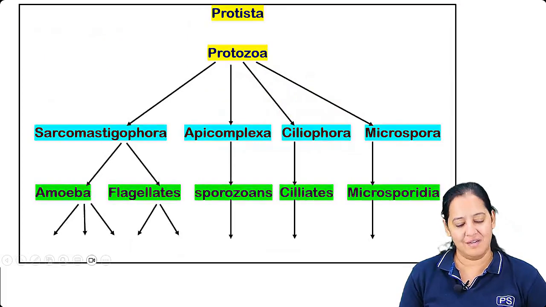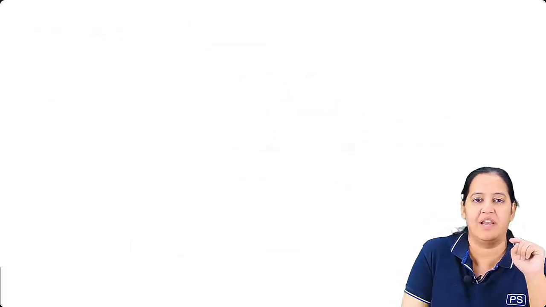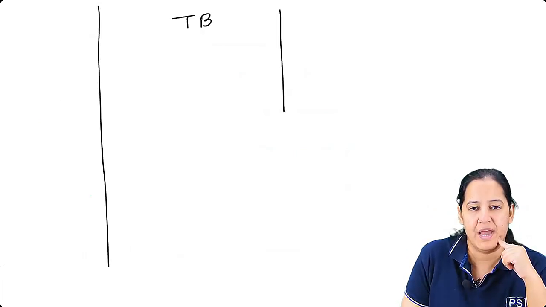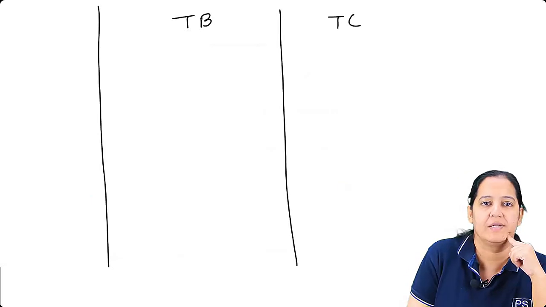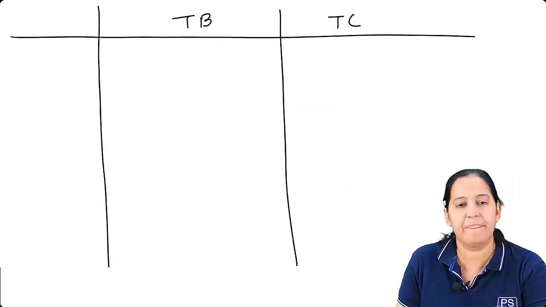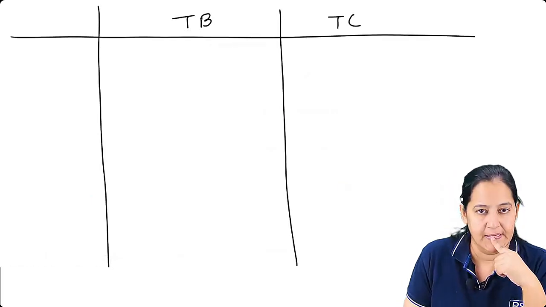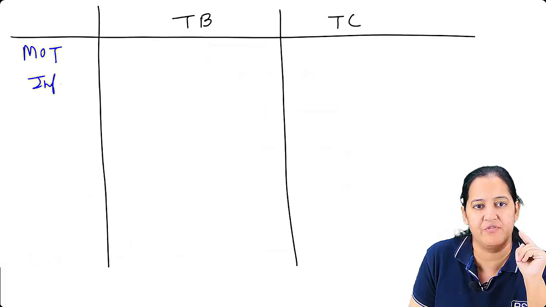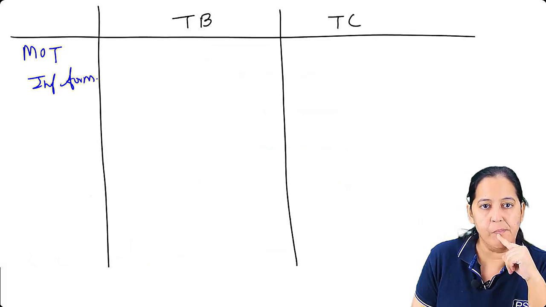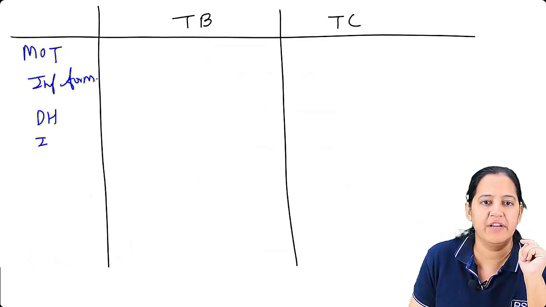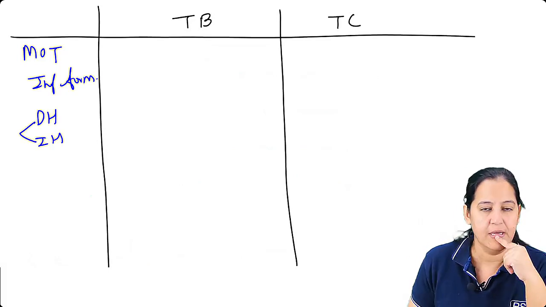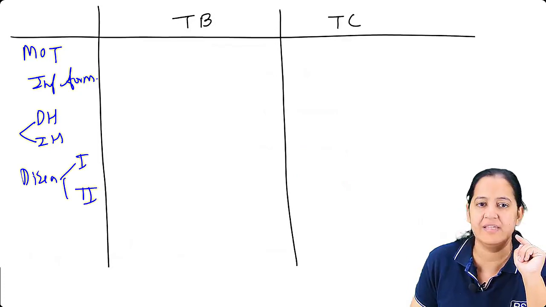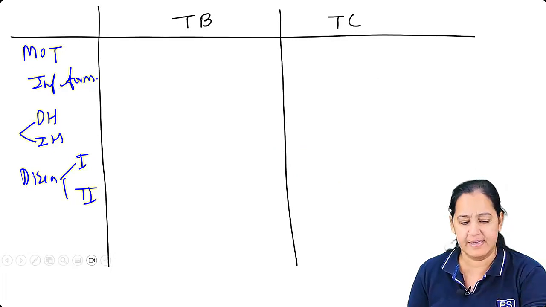Okay, so let me ask you the question, let me finalize. Trypanosoma brucei and Trypanosoma cruzi. You will tell me their mode of transmission, their infective form, the definitive host, the intermediate host, both the hosts, then the disease, and in the disease the stage 1 and stage 2, early stage and late stage. That's it, I guess. Let's start.